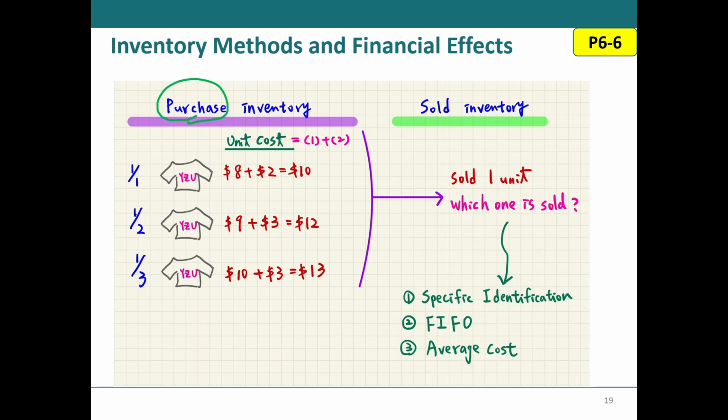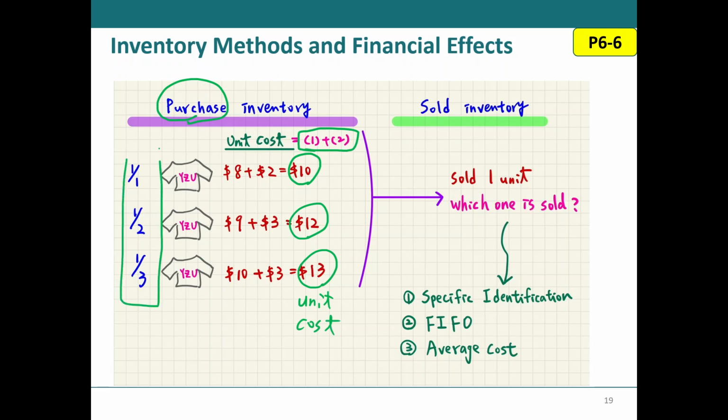So when you buy it, the unit cost is 1 plus 2. After 1 plus 2, you find $10, $12, $30. The unit cost is different at different dates. When you buy 3 units at different dates, you find the unit costs are different.